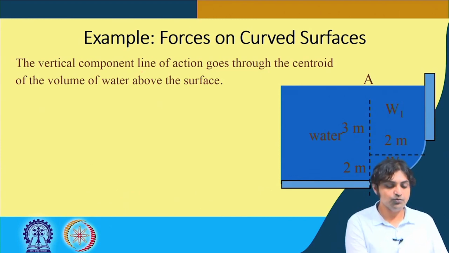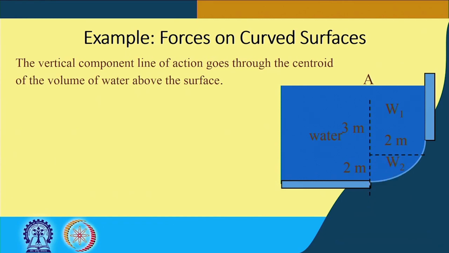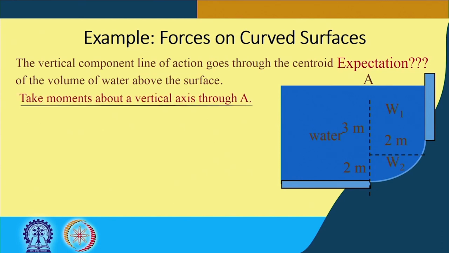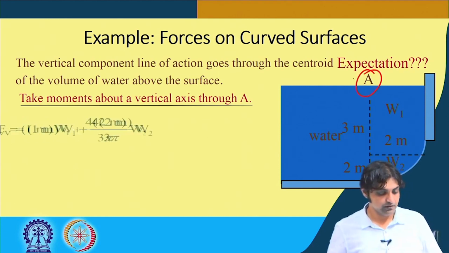The vertical component line of action goes through the centroid of the volume of water above the surface. Okay, and that is very understood, you know. So this is A. Now we have to take moments about the vertical axis through A here. Okay.